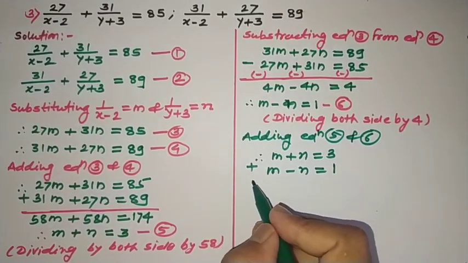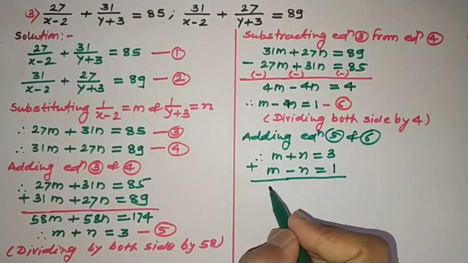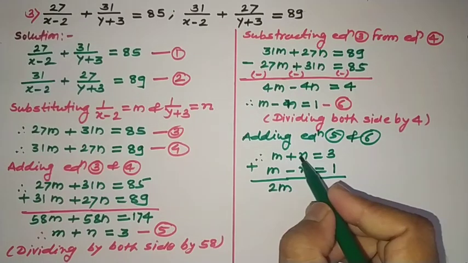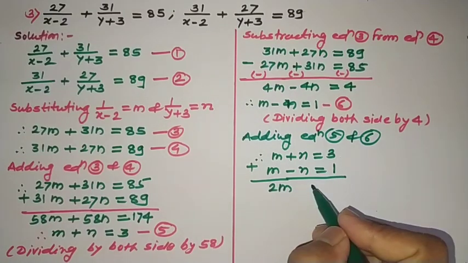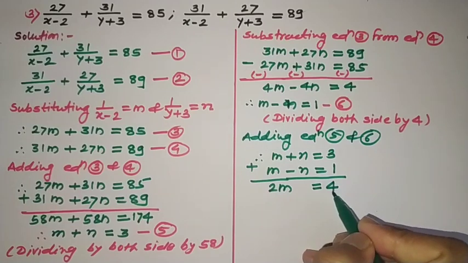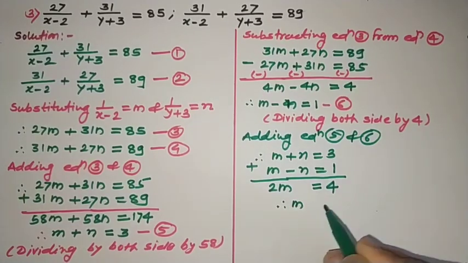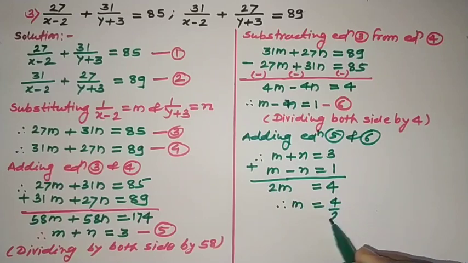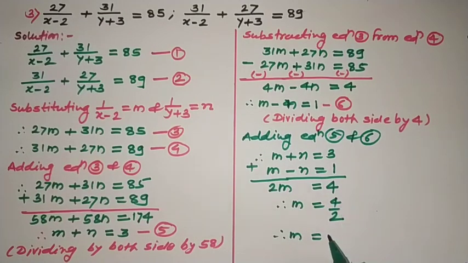Here adding these two equations, m plus m is 2m, here plus n minus n cancelling, is equal to 3 plus 1 is 4. Here m is equal to 4 upon 2, and the value of m is 2.